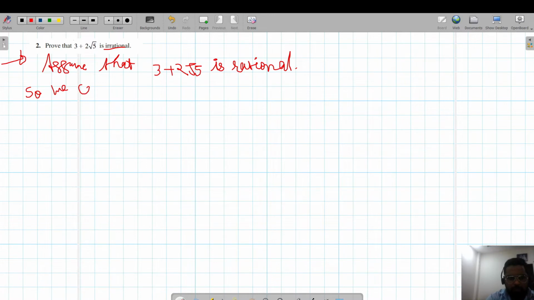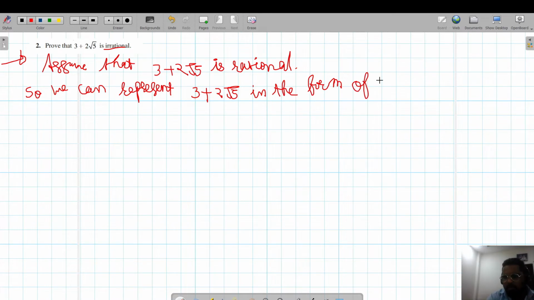If it is a rational number, then we can represent this 3 plus 2 root 5 in the form of p upon q. Actually, we have to prove all such questions according to this, in the form of p upon q.